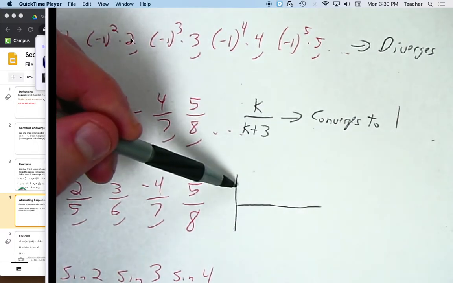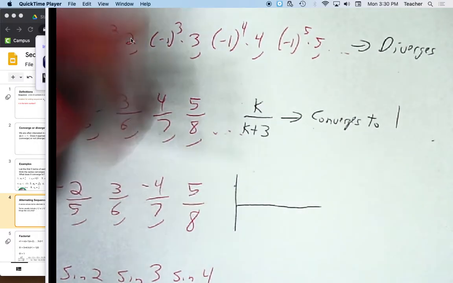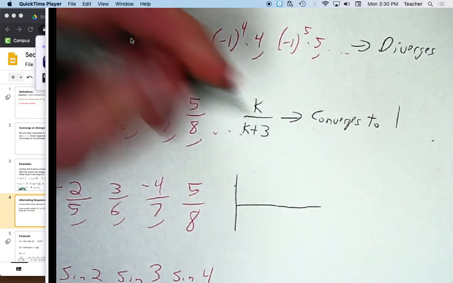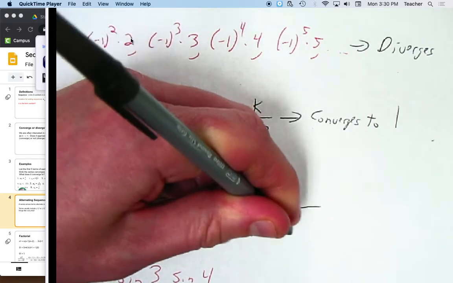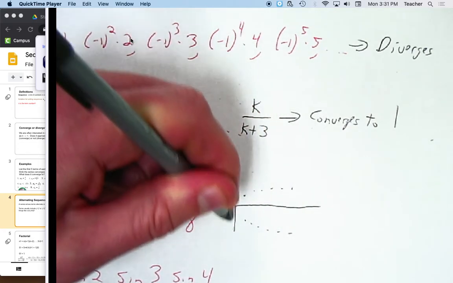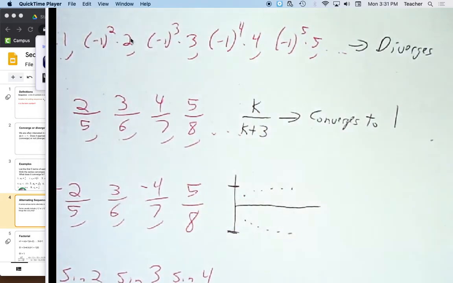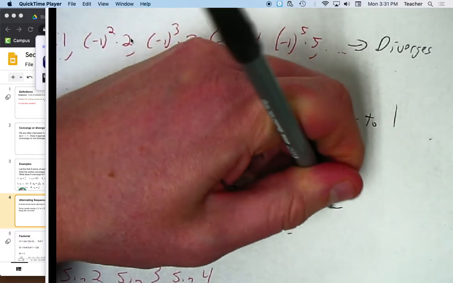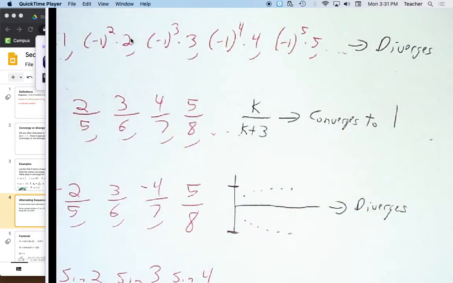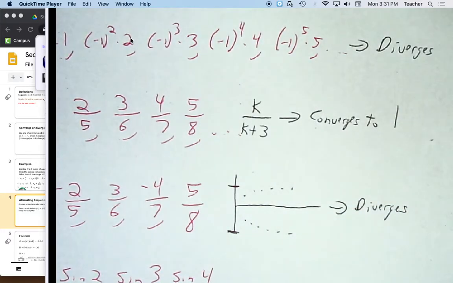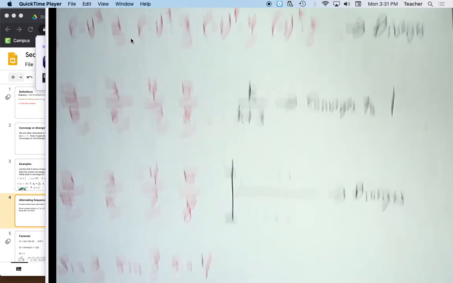But as we do that, we're either up close to +1 or close to -1. And they're not exactly equal to 1 and -1, right? But we're going to be getting some dots that look like this, either getting closer to 1 or getting closer to -1, depending on whether we're on an odd or an even term. And so because of that, we have to say this one diverges. It's not approaching one specific number.